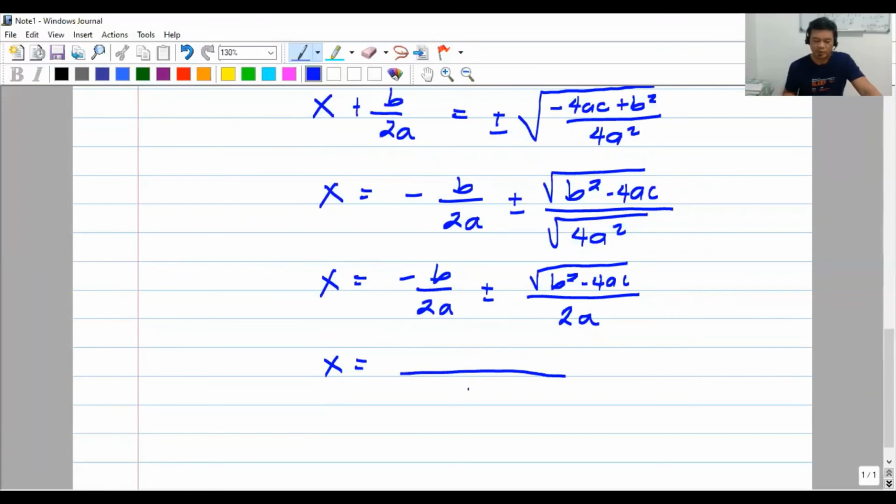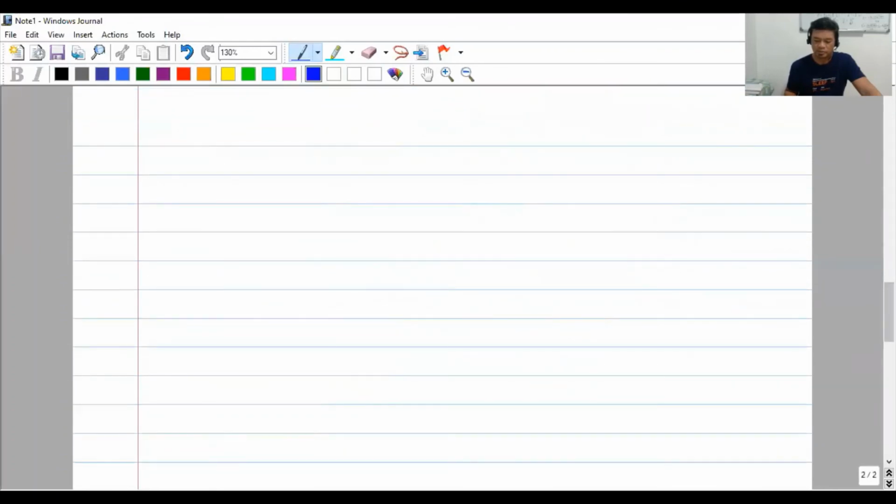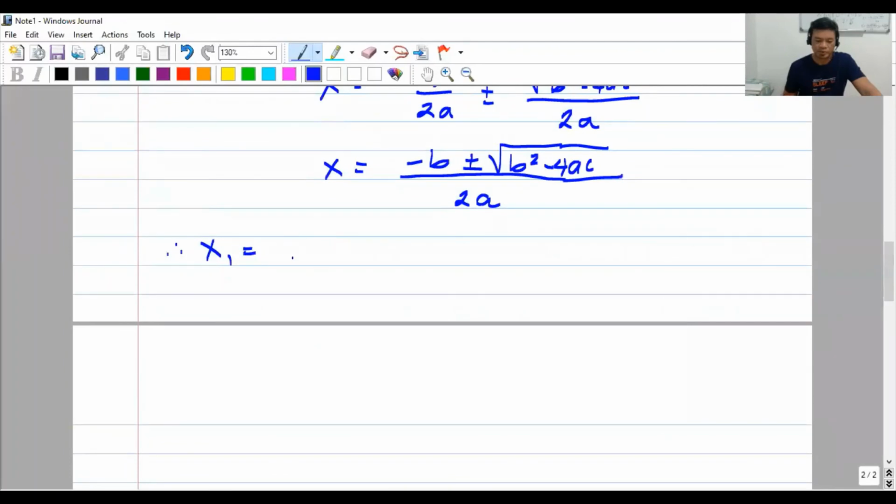So we have our 2a here, and we copy negative b plus minus the square root of b squared minus 4ac, or we may say that x sub 1 is equal to negative b plus the square root of b squared minus 4ac over 2a.